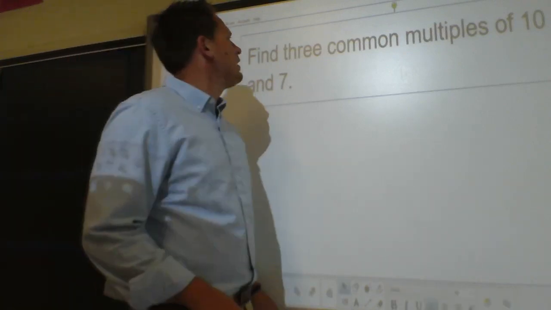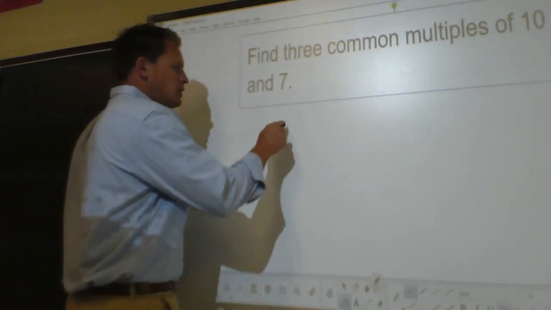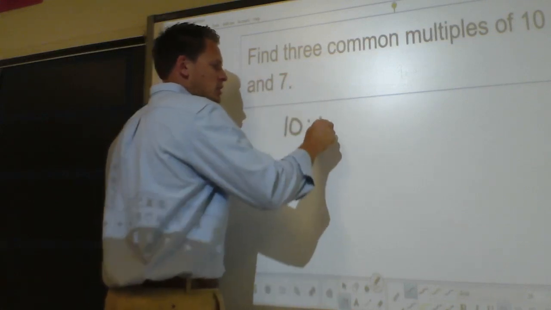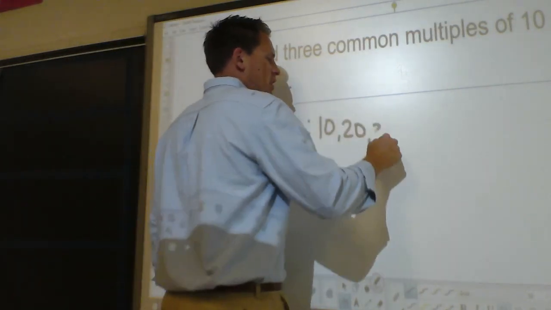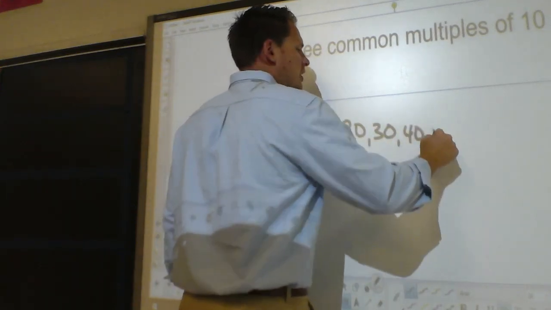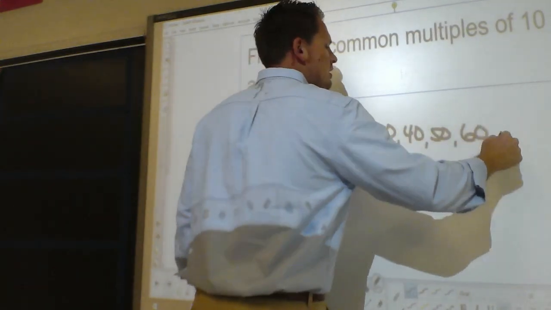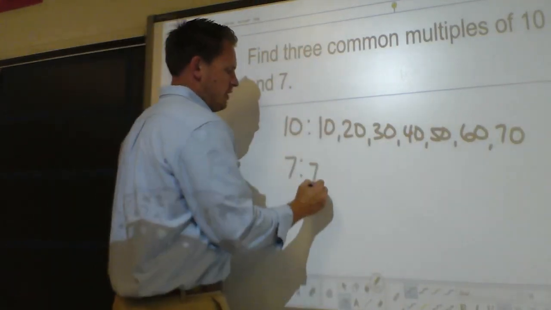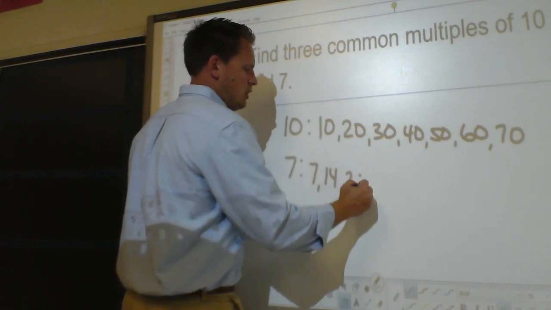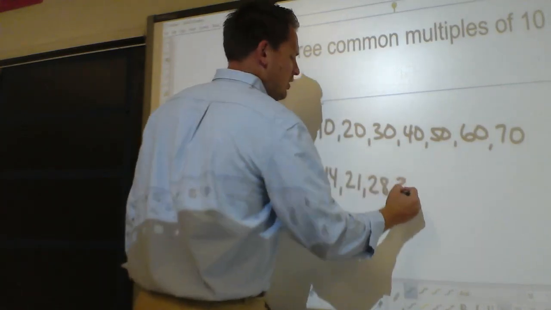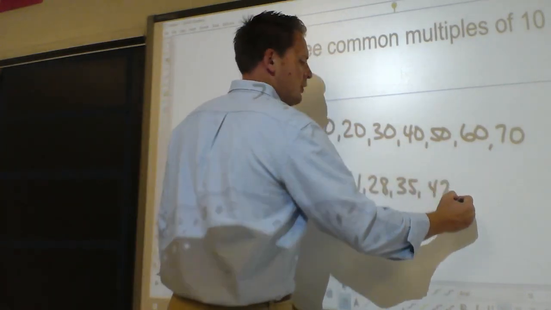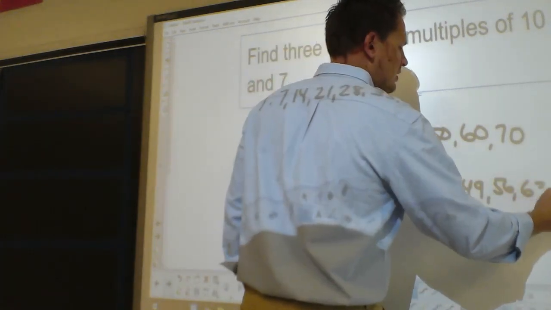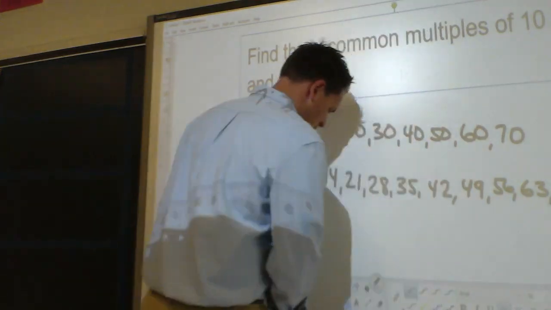So it says find 3 common multiples of 10 and 7. All right, so again, we do need to start with this. It's going to be 10, 20, 30, 40, 50, 60, 70. Now we've got 7, 14, 21, 28, 35, 42, 49, 56, 63, and 70.